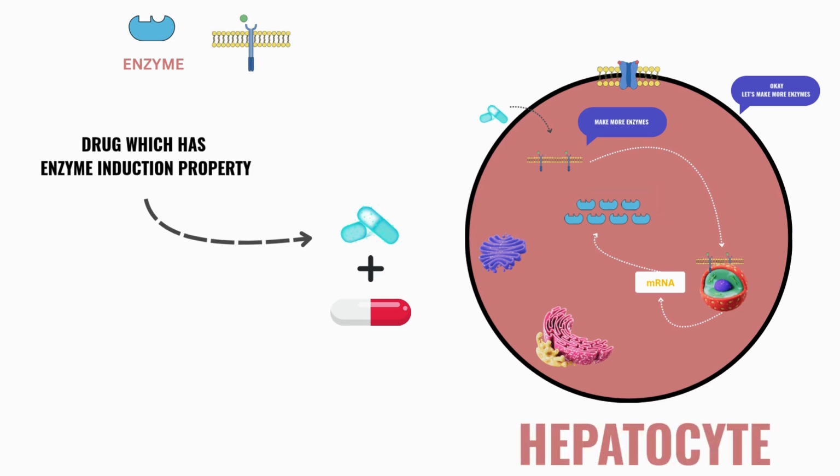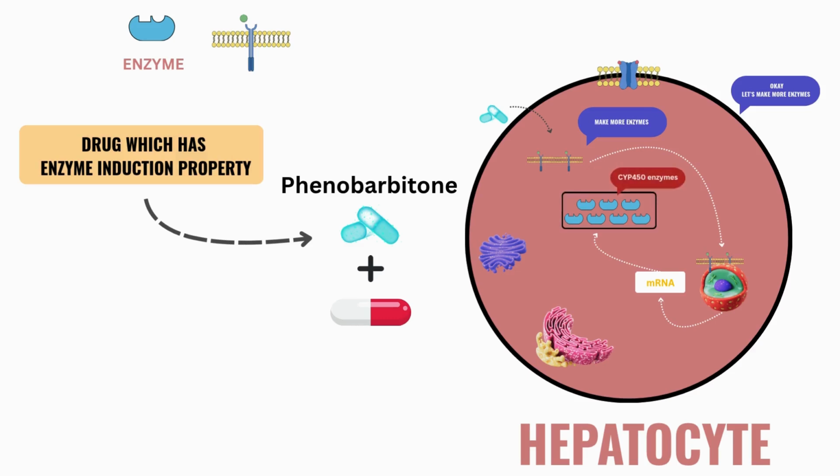For example, phenobarbitone is a drug which has this enzyme induction property. It binds to a receptor inside the liver cell. That receptor signals the cell to increase production of cytochrome P450 enzymes, leading to more enzymes ready to handle drugs. If the patient takes another drug like warfarin or phenytoin along with this phenobarbitone, they also get metabolized much faster.